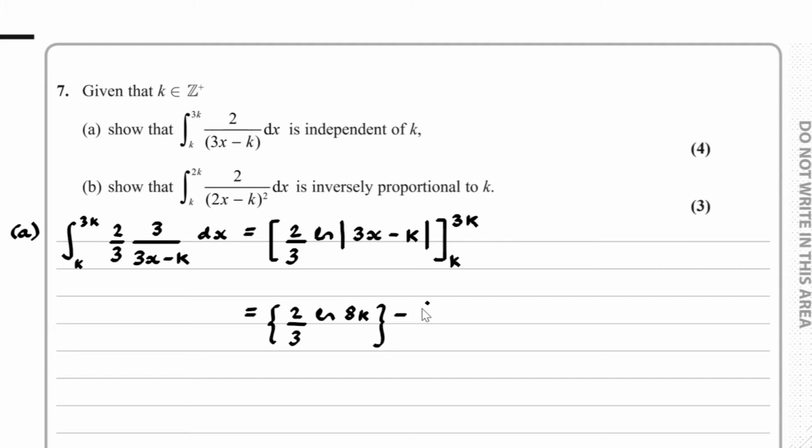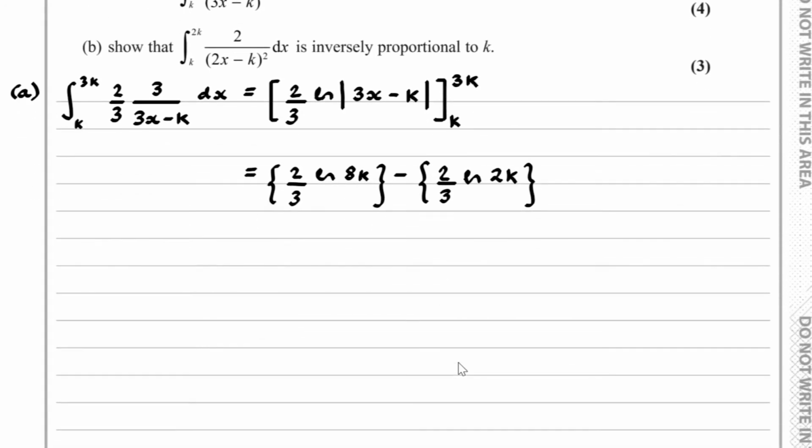And then for my lower limit, I've got 2/3 and then the natural log of, well, I've got 3 times k, which is 3k, subtract another k, so that's 2k. And what we therefore end up with, using the subtraction law of logs, is 2/3 times the natural log of 8k divided by 2k.